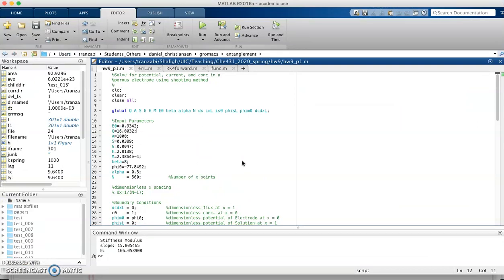In the MATLAB script, if we want to solve this problem using the shooting method, then we have to create some error function, because when we talk about the shooting method, we always try to make an error equal to 0 by tuning a parameter, which is our shooting parameter. In this case, we have to come up with an error function which involves some tuning parameters to be able to solve the problem as an initial value problem.